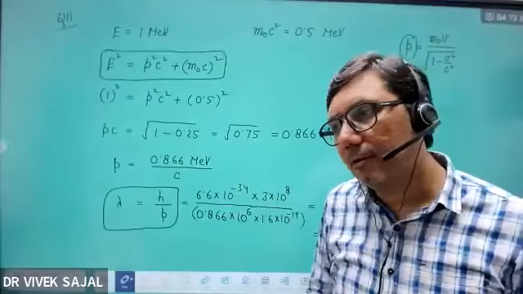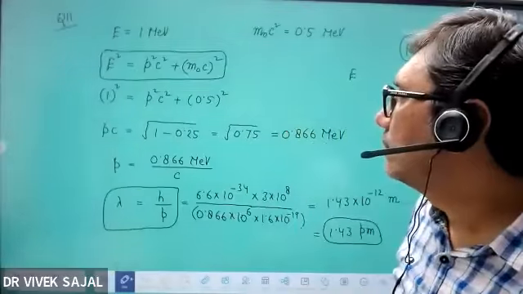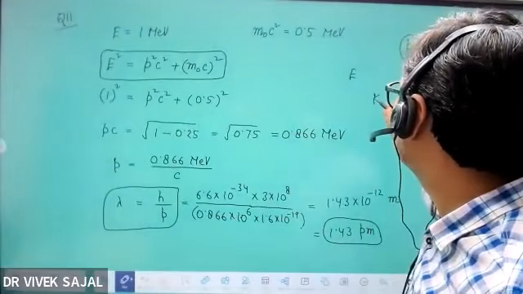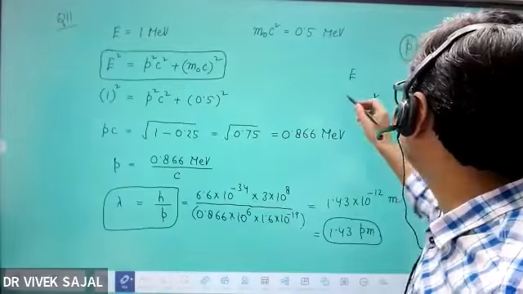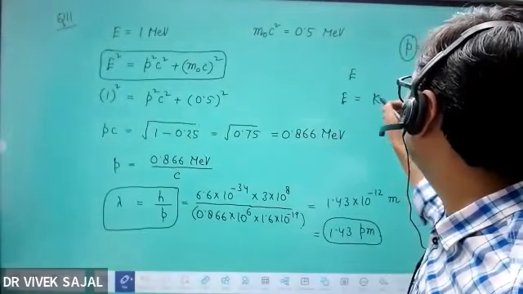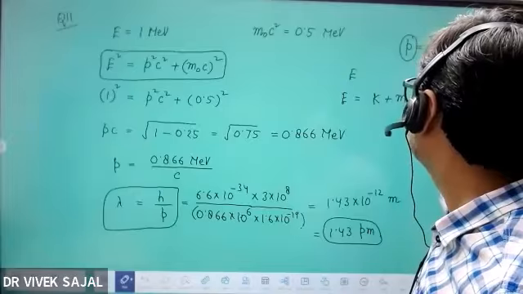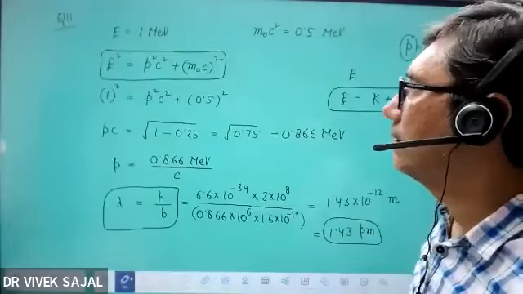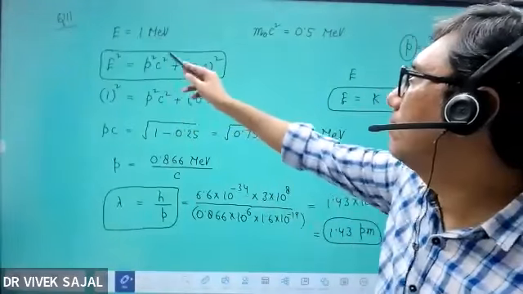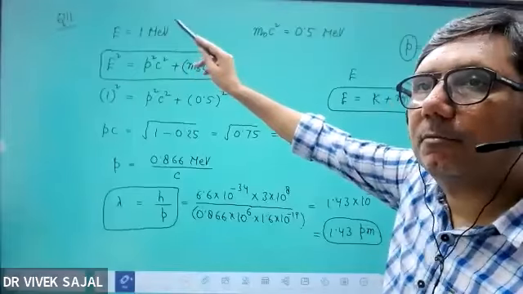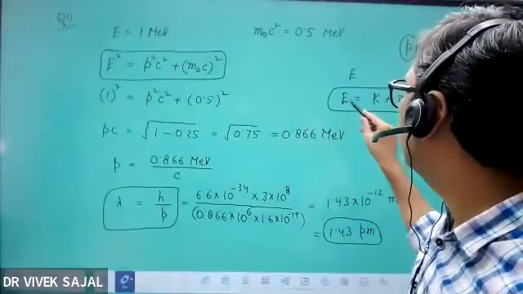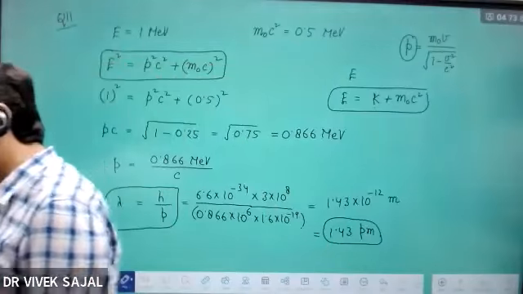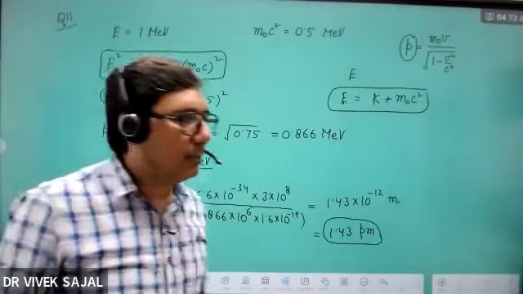So you can use that formula also. K is kinetic energy. E was K plus m naught c square. So here this is the total energy. If you subtract m naught c square from this 1 MeV, then you find the kinetic energy. So K was the relativistic kinetic energy.